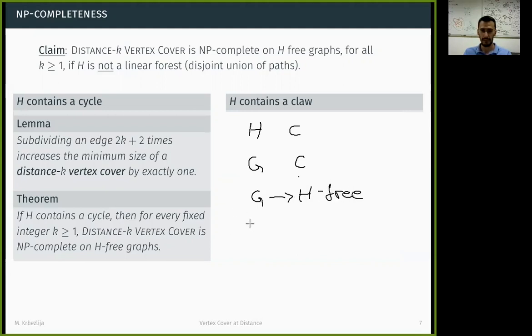This gives us a reduction from the distance k vertex cover on graphs in general to distance k vertex cover on H-free graphs. And since, as seen before, the problem is NP-complete on graphs in general, it is also NP-complete on H-free graphs whenever H contains a cycle.